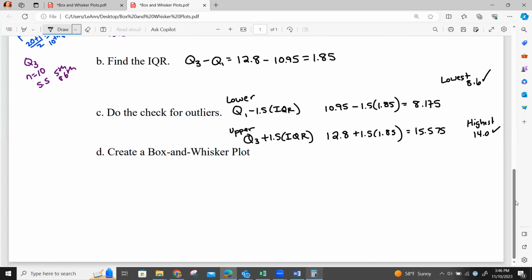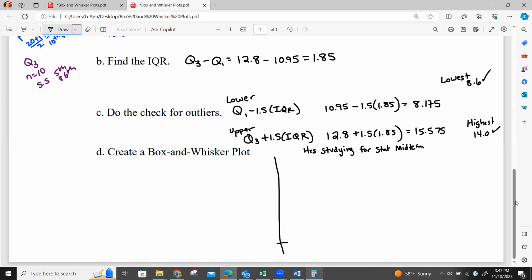So we're going to draw a vertical axis. And usually we'll put a title on this. This is Hours Studying for Stat Final, or midterm, I think is what it was, midterm. And then we have to have our values here. So the lowest we ever got was 8.6. The highest we ever got was 14. So I'll probably count by ones.